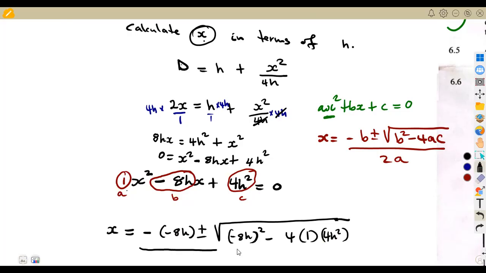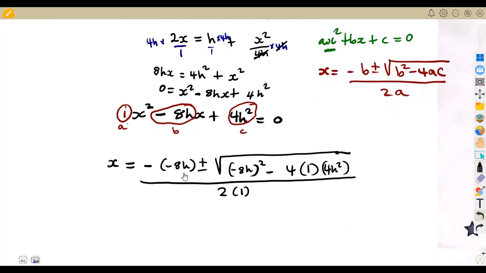Everything over 2a. So this is 2 times our a, which is 1. So as we can see, we are solving for x, and the answer is in terms of h. You're going to have your answer as a function of h.